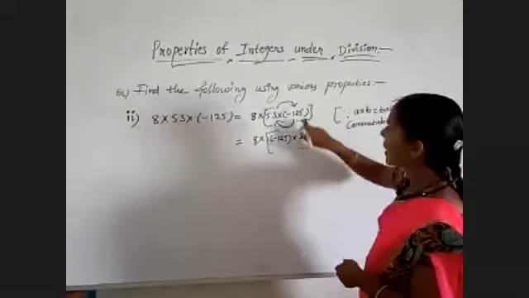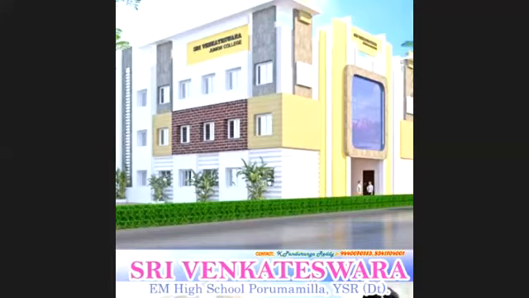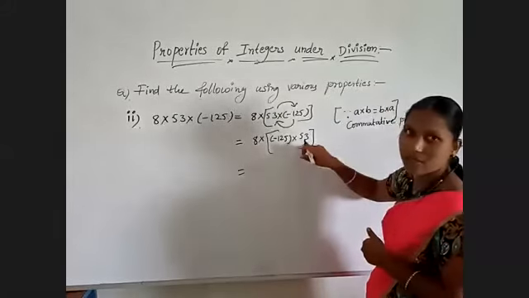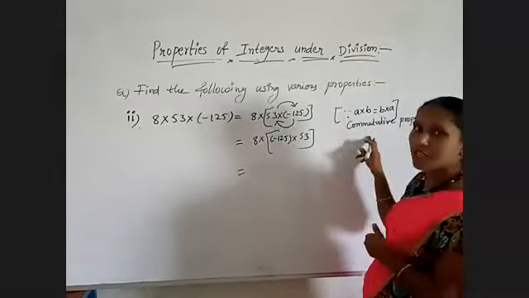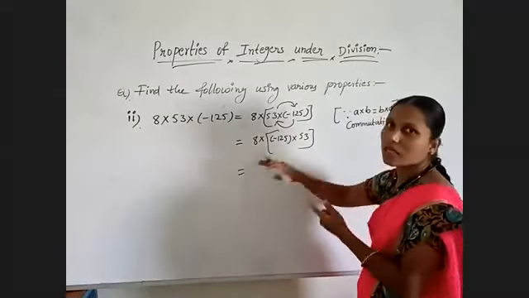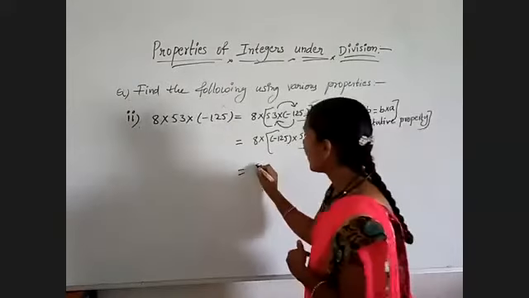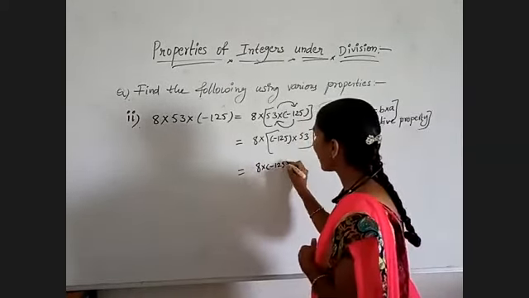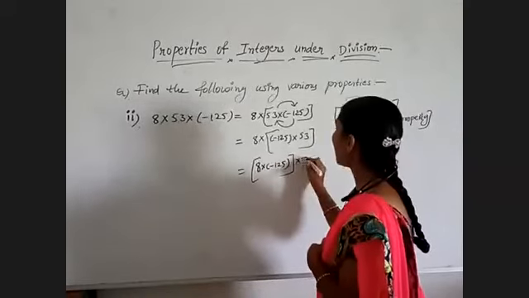So we have changed A value as B and B value as 53.